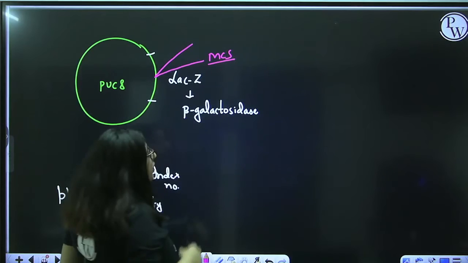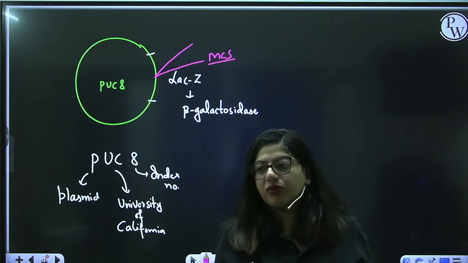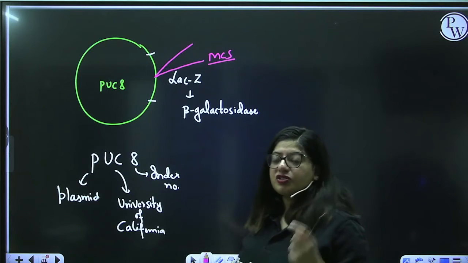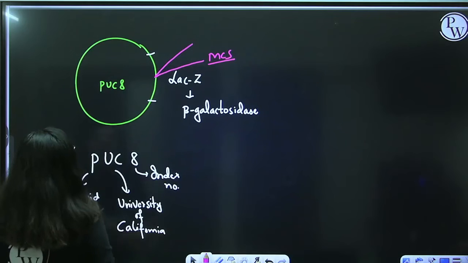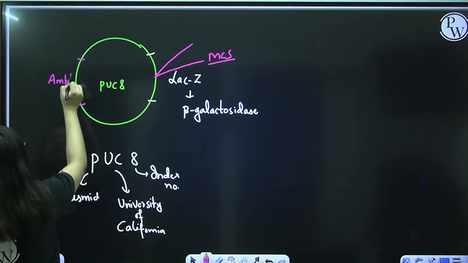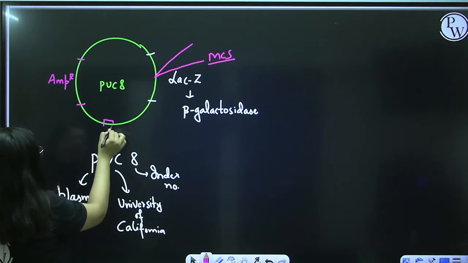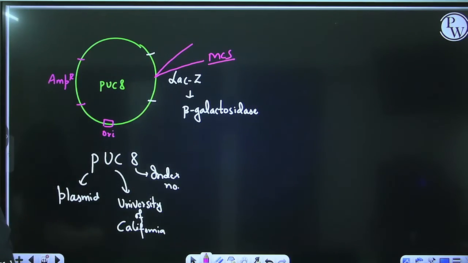That means just inside of lacZ you will get around 9 to 10 restriction sites for various restriction enzymes. Okay. Now here it has another selectable marker, that is the ampicillin resistant gene, and then the same ori will be present here. Why? Because without ori it cannot multiply.